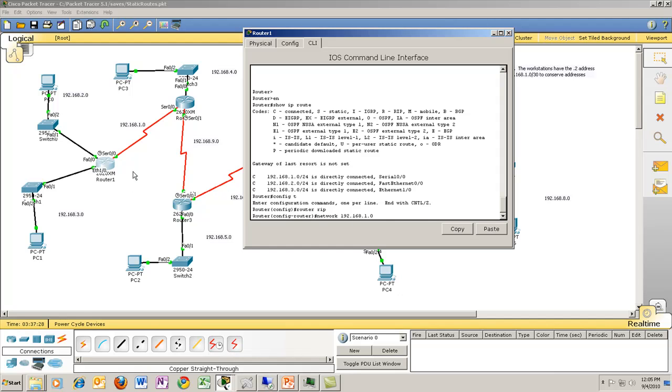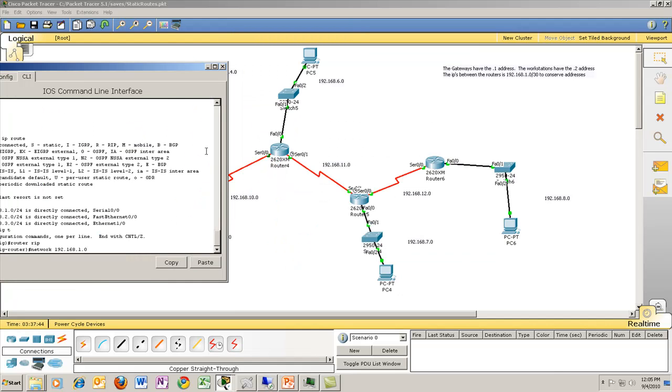And oh, by the way, since it is a classful protocol, I can't use what I used on the static routes, which was a subnetted 192.168.1. I have now added the one network here, the 9 between routers 2 and 3, 10 between 3 and 4, 11 between 4 and 5, and 12 between 5 and 6.